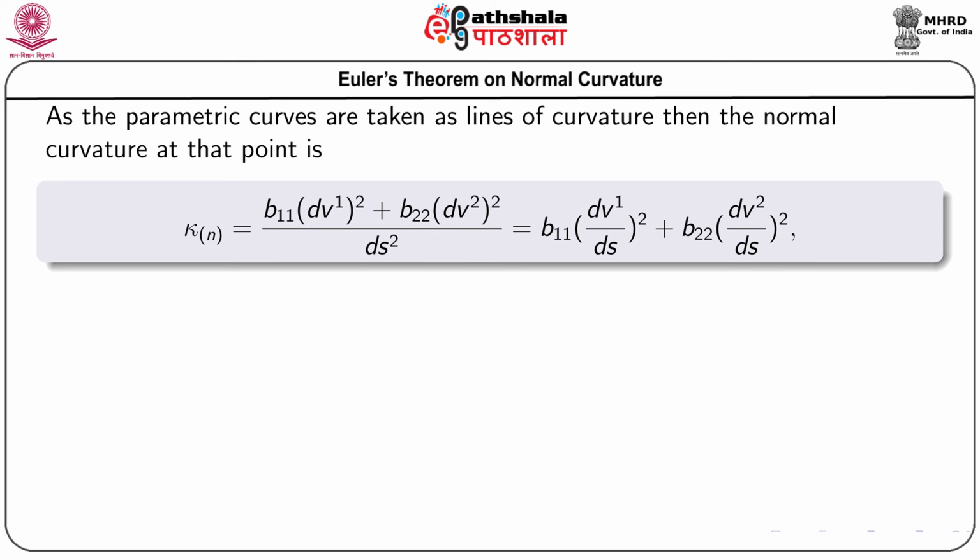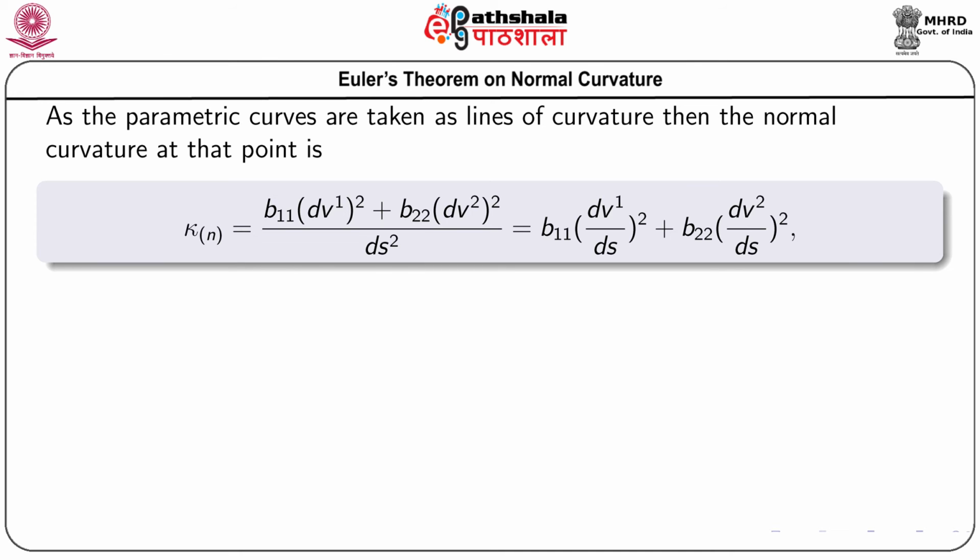Now, we know that the normal curvature kappa n is equal to the second fundamental form by the first fundamental form. That means, kappa n equals B alpha beta du alpha du beta by A alpha beta du alpha du beta, and we know that A alpha beta du alpha du beta can be expressed as ds square.